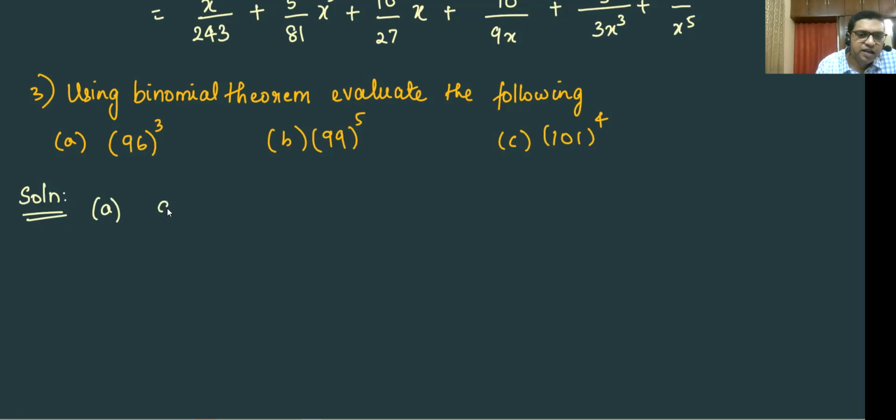Write 96 whole cube as 100 minus 4 whole cube.